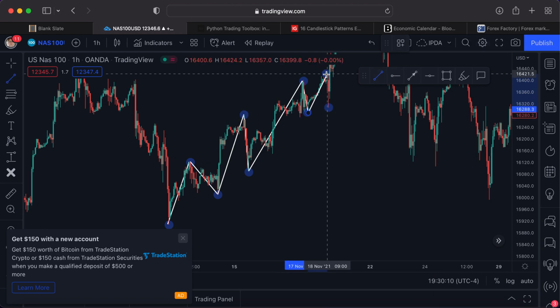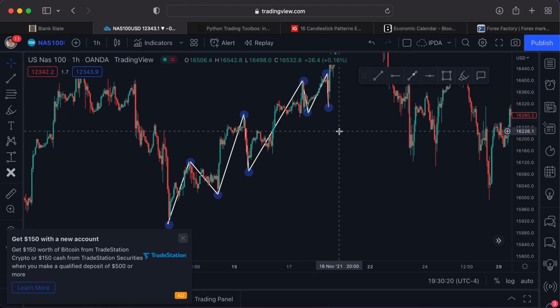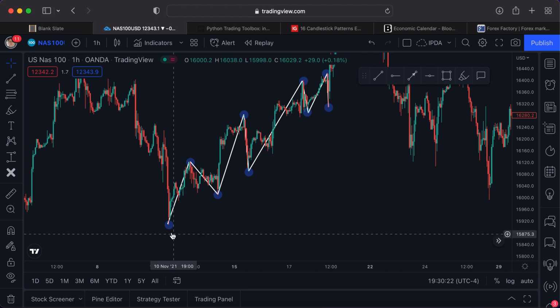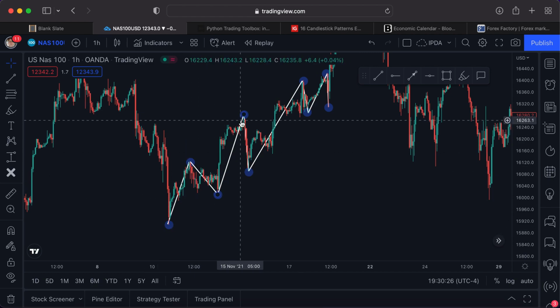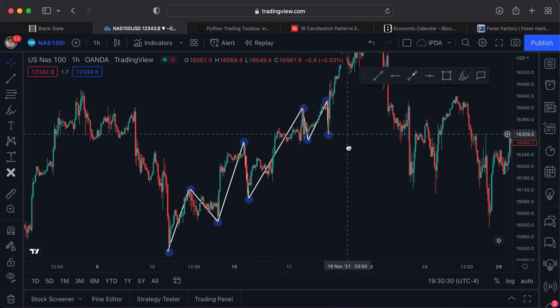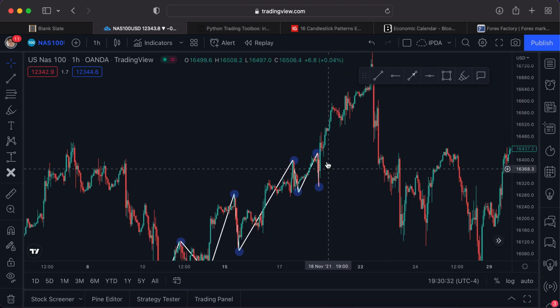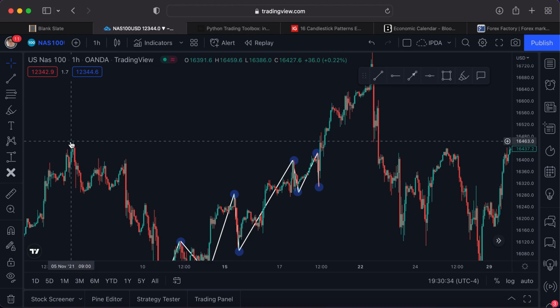You are seeing that the highs and the lows creating a similar pattern, from a low to a high, to a higher low, to a higher high, to a higher low, to a higher high, to a higher low. And as you can see, this price action continued up above these highs here.